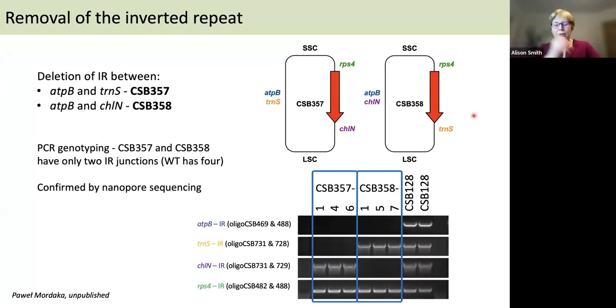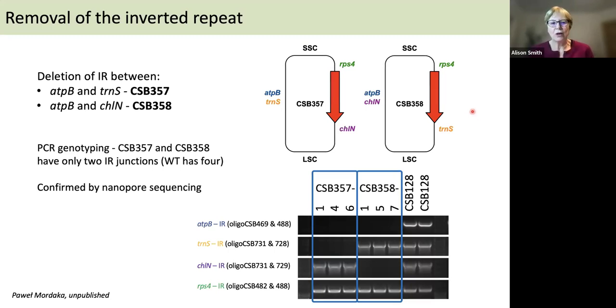It took place over 2 rounds of transformation, because the first insertion was an insertion rather than a knockout, and then we did the counter selection and then got the deletion. So it was rather long-winded, and Pavel Darker, the postdoc who was doing this, wasn't keen on repeating the experiment to see what happens.